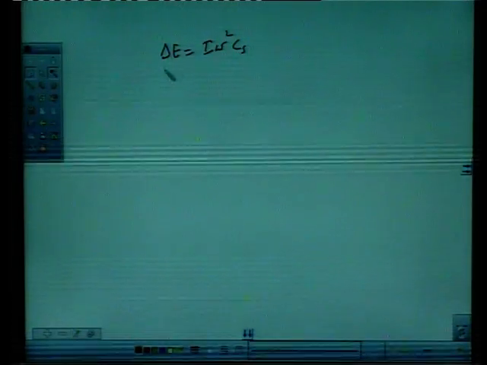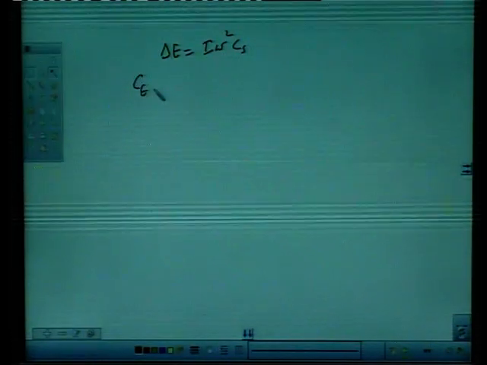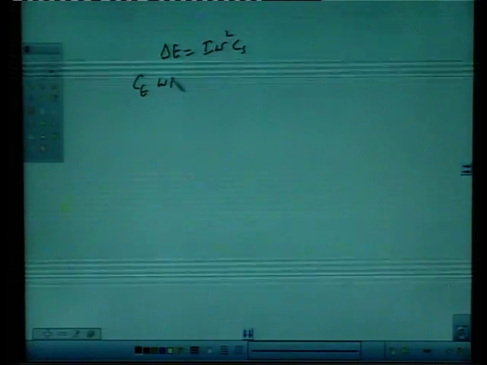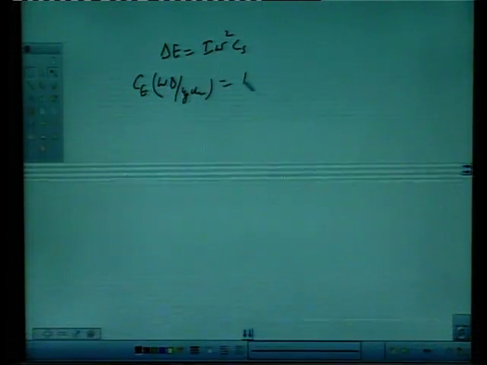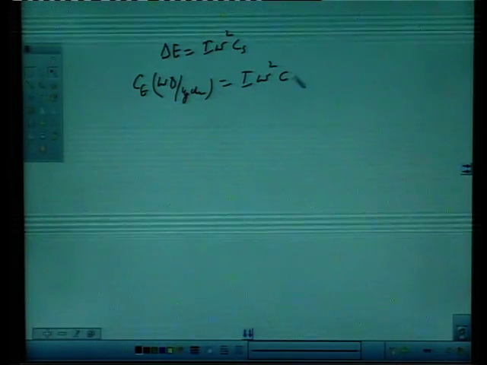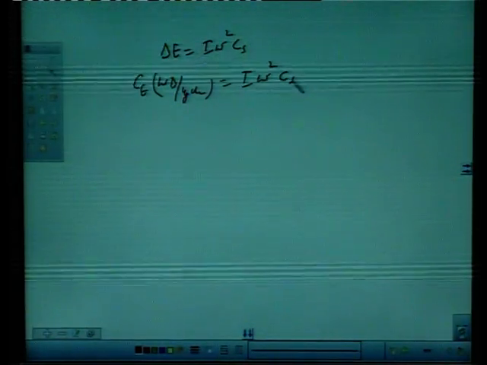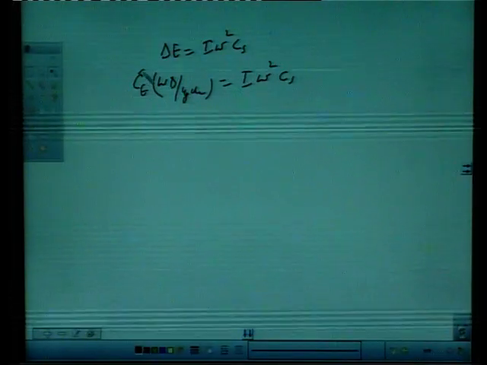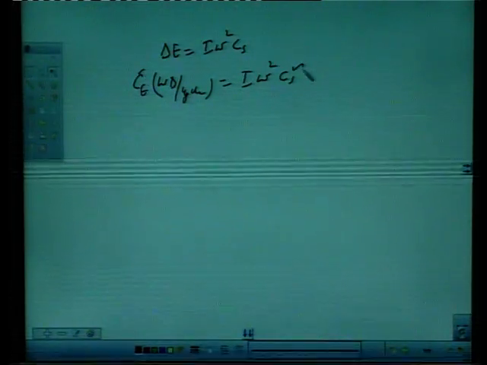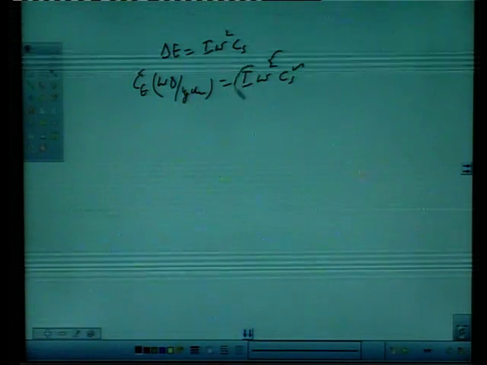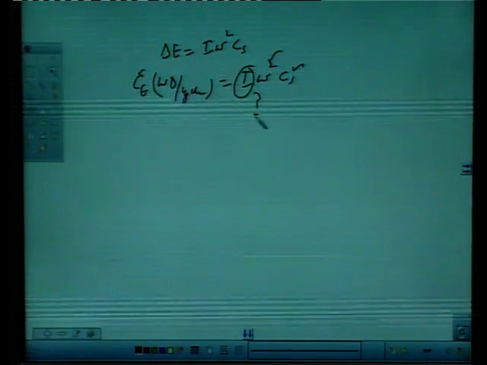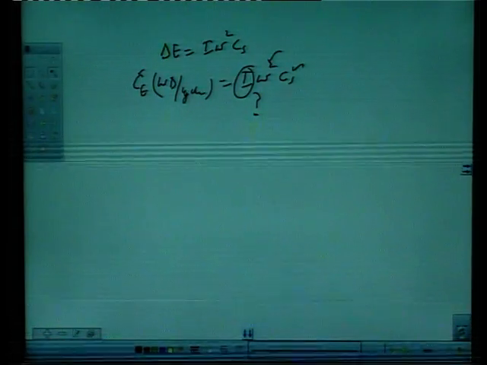Now delta E could be written as Ce into work done per cycle, which is known to you, and this is I omega square Cs. Now if you know these parameters, and you know the angular velocity, right, you can calculate this I.